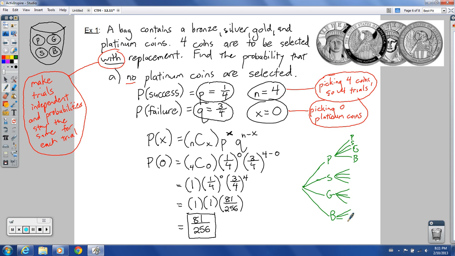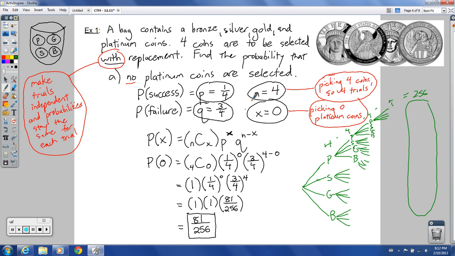And then off of each one of these, you'd have 4 more branches. 1, 2, 3, 4. Okay, and then that would be your first, that would be your second. This would be your third pick. And then this would be your 4th pick. So you'd have to do another one of these. And so you'd have 4 times 4 times 4 times 4. That's 256. And your sample space would contain 256 possibilities.